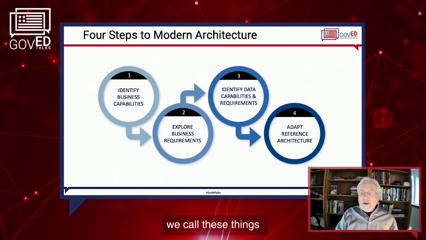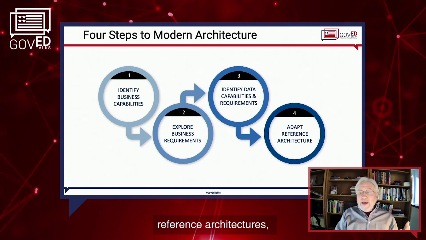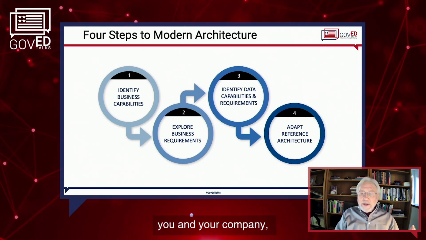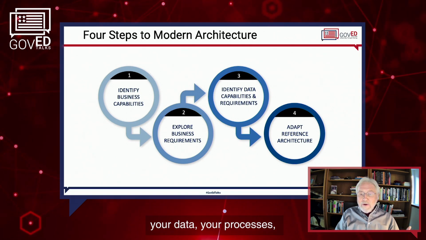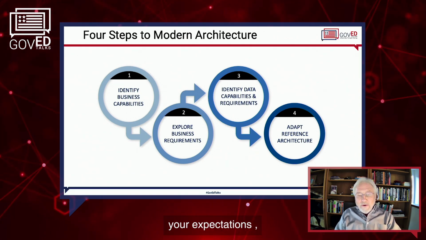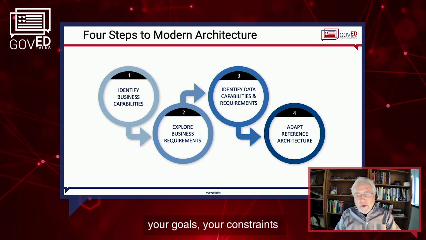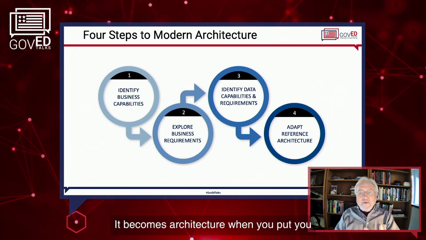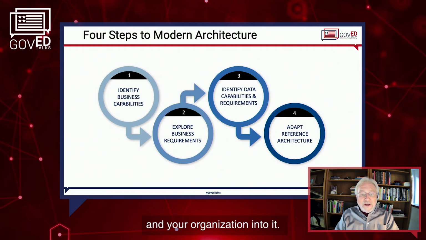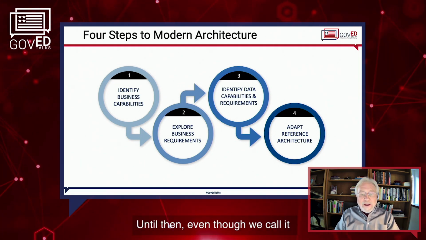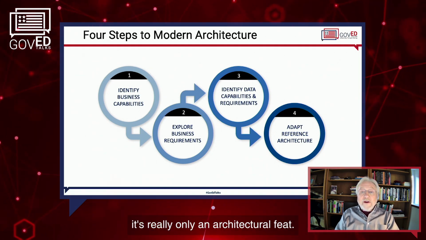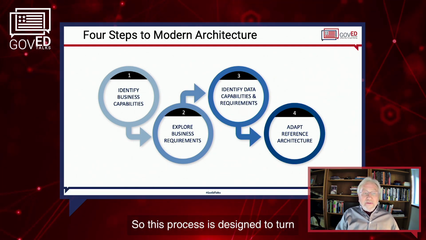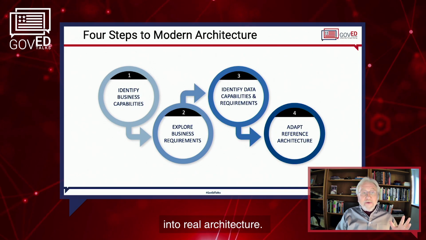And I will say, even though we call these things reference architectures, it's not really architecture until it has you in it, your company, your organization, your data, your processes, your expectations, your goals, your constraints and restrictions. It becomes architecture when you put you and your organization into it. Until then, even though we call it a reference architecture, it's really only an architectural framework. So this process is designed to turn that architectural framework into real architecture.